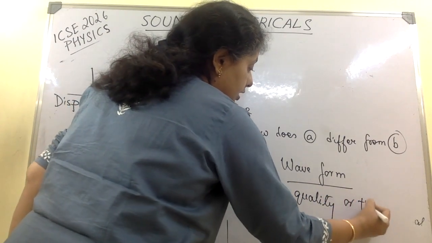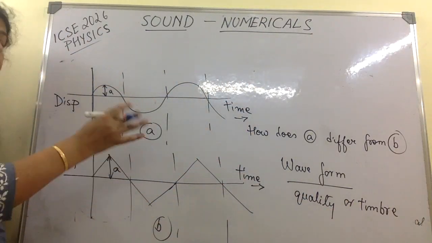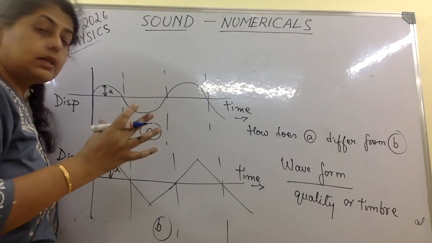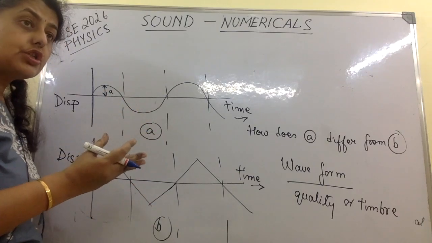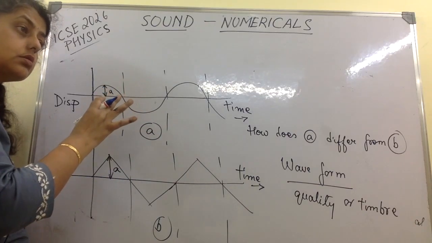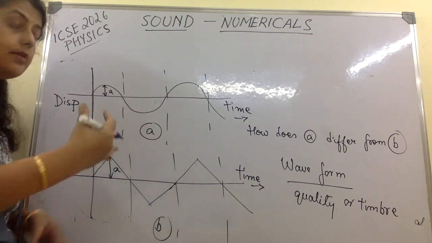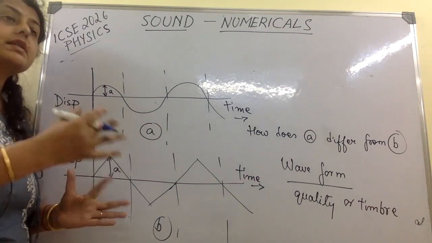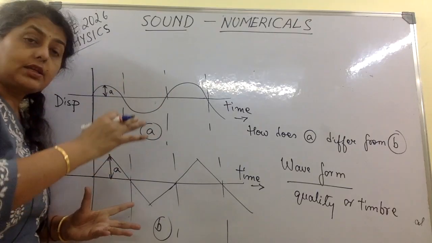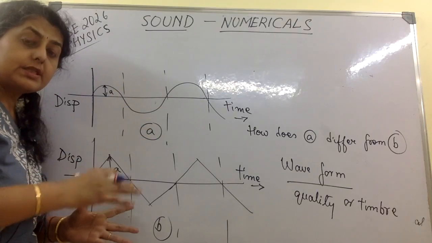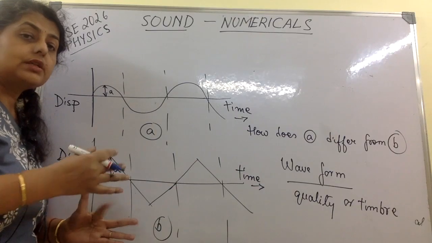Which is also called quality or timbre. Now if they ask further questions on this, what is quality or timbre? This is basically the characteristic of the wave which differentiates one source of sound from the other. Say you are in a room and there is some musical instrument playing in the other room, and you are not able to see it, but you can hear the music.